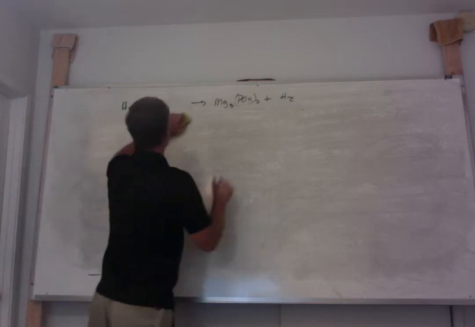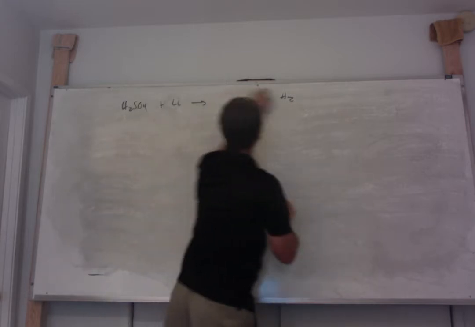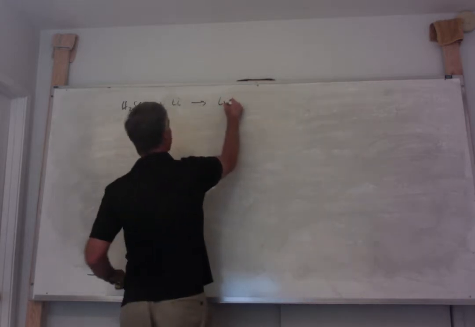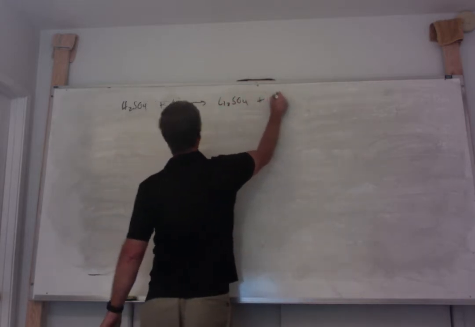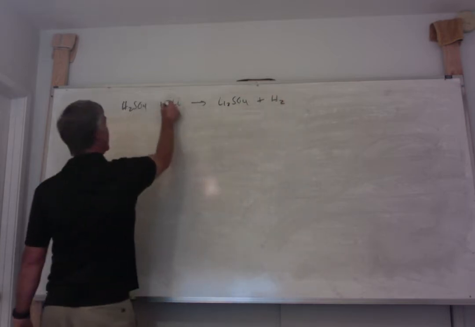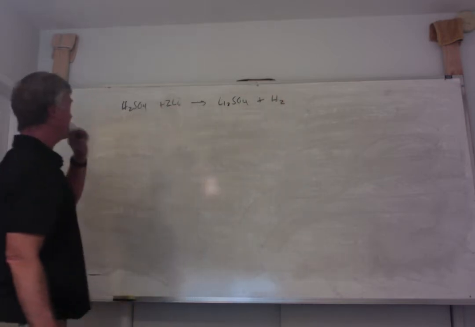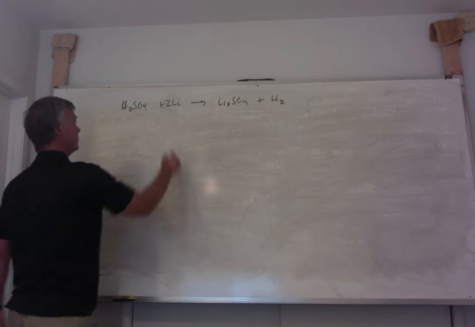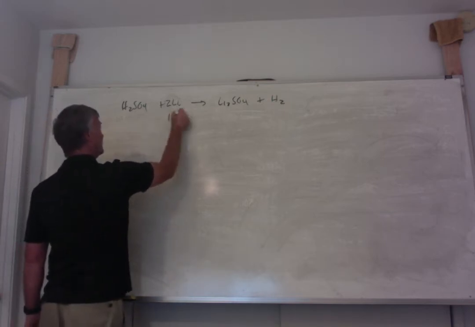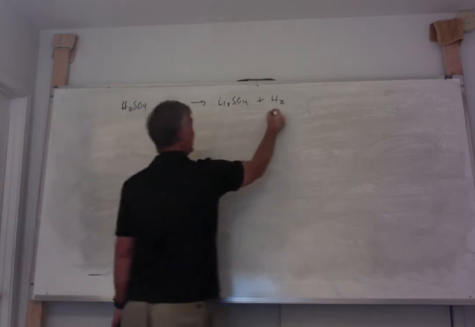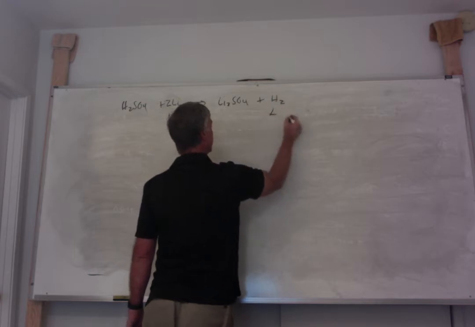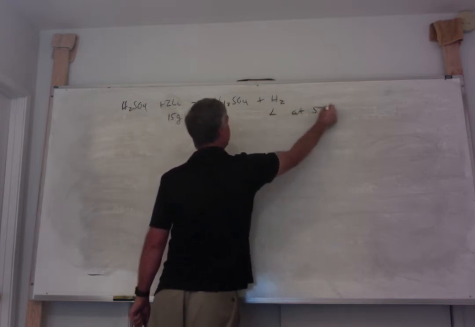And we're going to make this lithium. This would be then lithium sulfate plus hydrogen. I need a 2 here, and that should be it. Okay, so let's say you were told you have 15 grams of lithium. How many liters of hydrogen at STP?